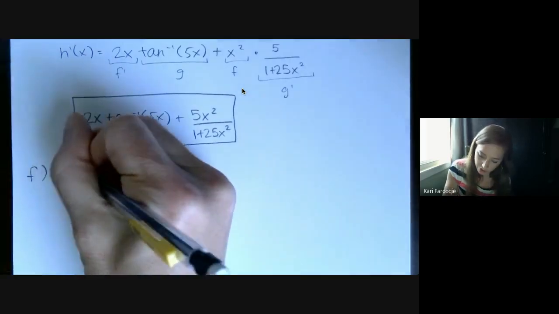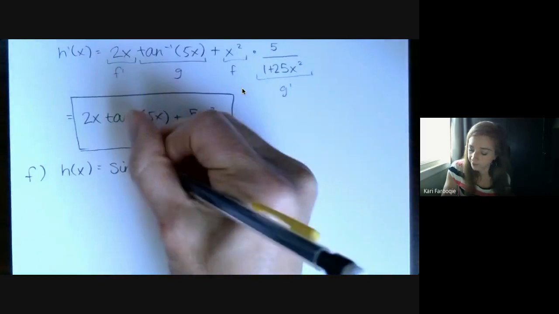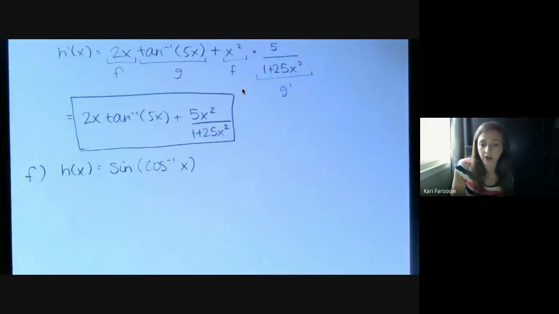F is h of x equals the sine of the inverse cosine x. Now this one's kind of tricky. It's not like it's a lot of steps. It just looks tricky.